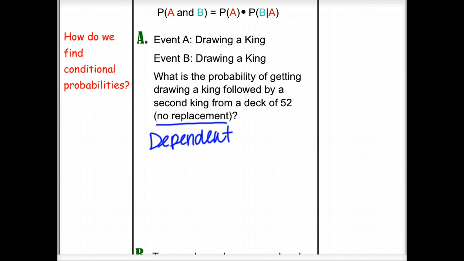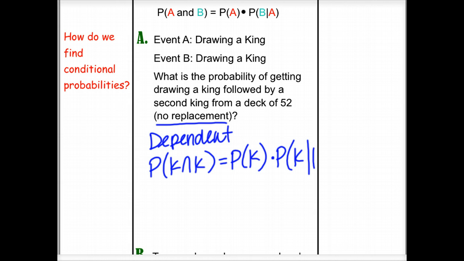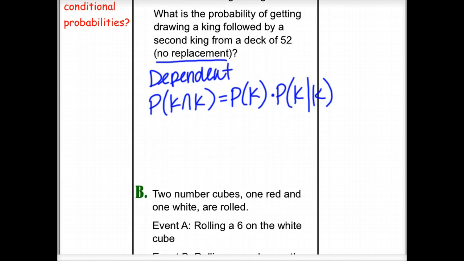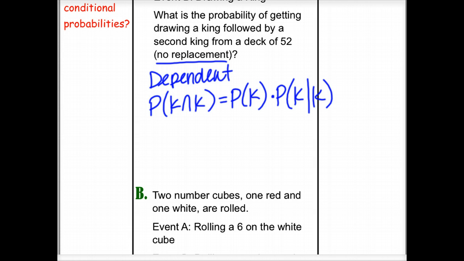And so we need to start with the probability of a king and a king, which means that we're going to find the probability of drawing a king times the probability of a king given that a king has already occurred.